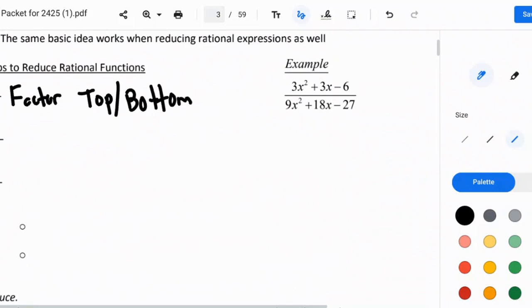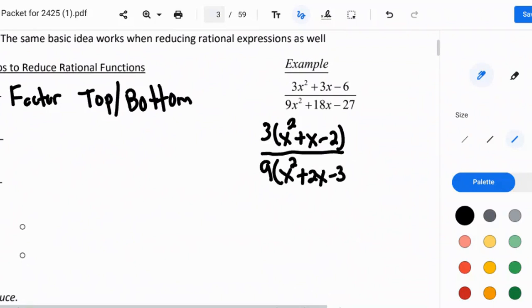So if we factor this, the top, I believe we can pull out a 3. The bottom, we can pull out a GCF of a 9. I think we can still factor some more here.